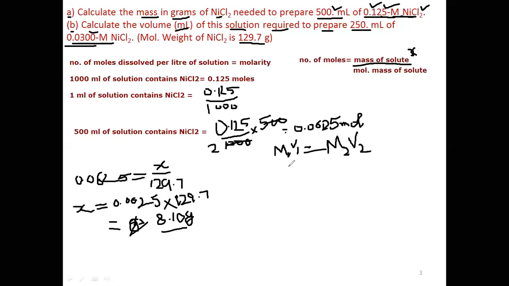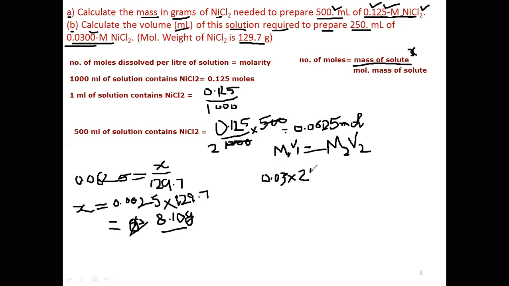Now let us apply this. We need to prepare 250 ml of 0.03 molar. So M is 0.03 multiplied by volume 250 ml.